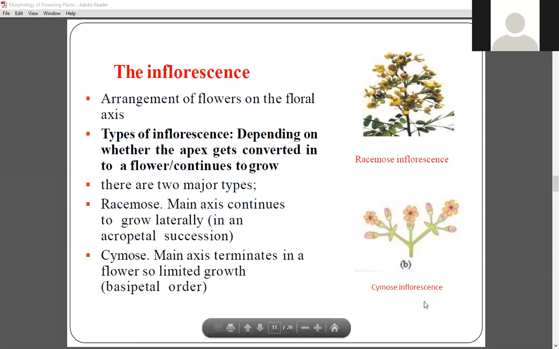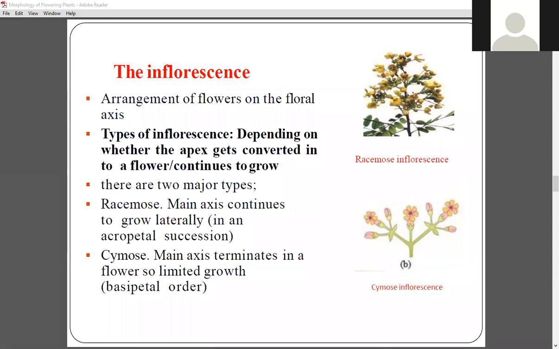So when we are talking about the racemose, the main axis continues to grow laterally in acropetal succession. Now you can see this figure, right? This figure shows that there is presence of so many flowers. That means there will be no terminal end observed, and it grows laterally, meaning it grows on both sides, right?